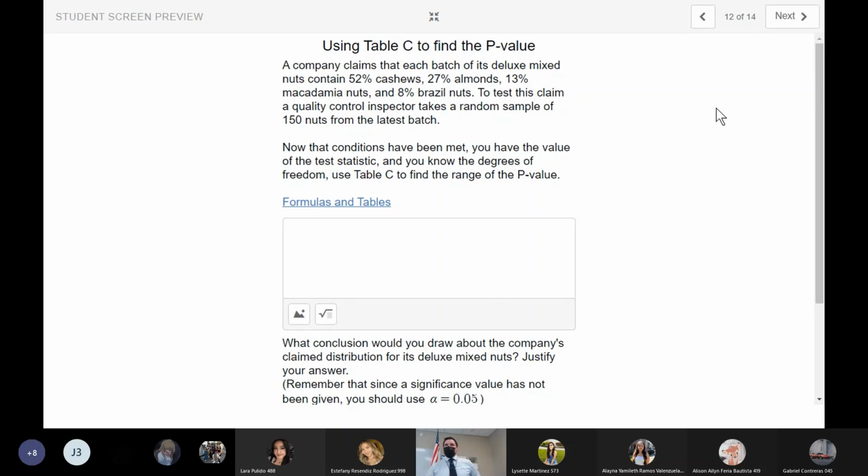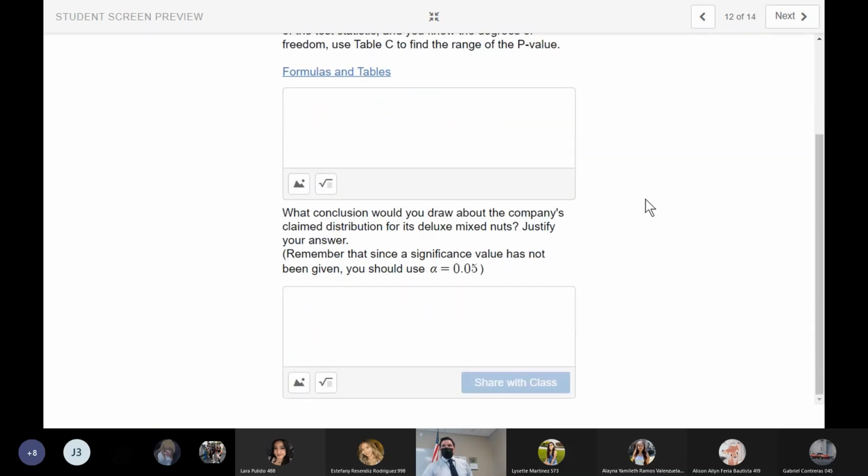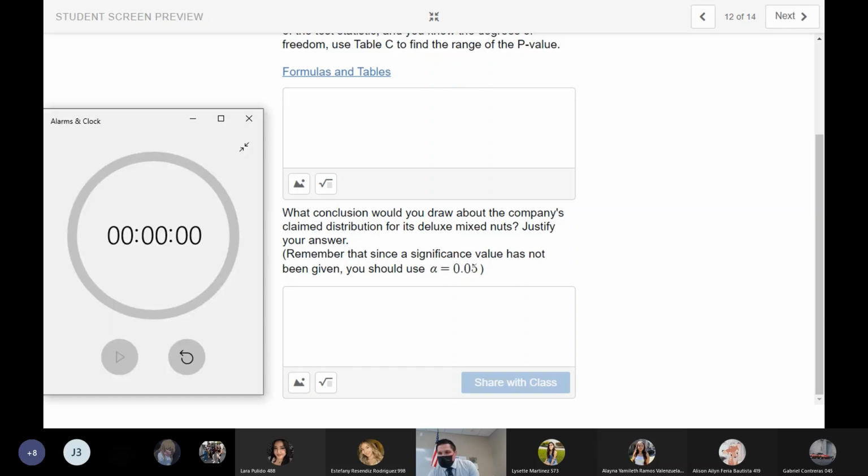You have a link to the formulas and tables right here, so you can get to table C. And then what conclusion would you draw about the company's claim distribution for its deluxe mixed nuts? Please justify your answer. Remember that since a significance level was not given, you should use alpha equaling 0.05. So we'll take a few minutes here to answer these questions.